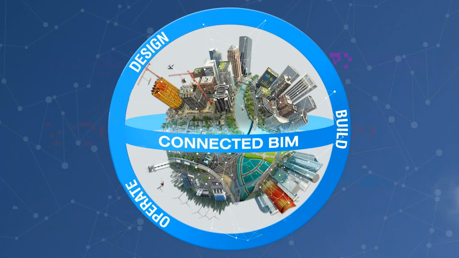And we have a portfolio which covers the entire process from design to build and operate, which I mentioned at the beginning in the previous slide. However, at this point we are also talking about connected BIM, because it is obviously very important that you are designing something in 3D with additional information, which means you are doing something in BIM.